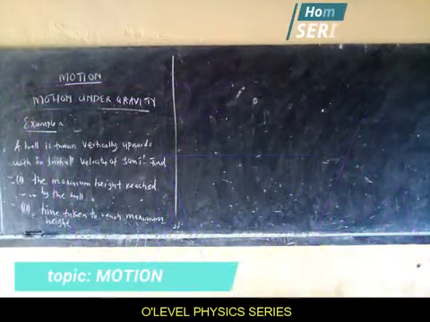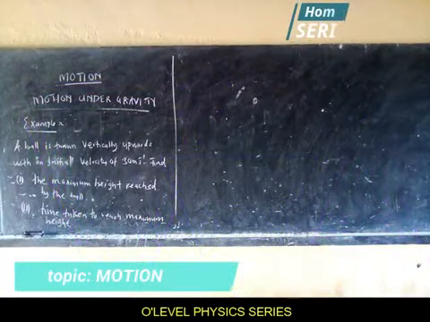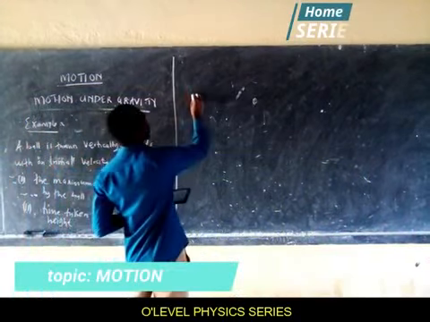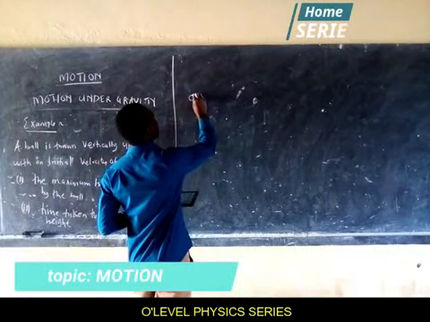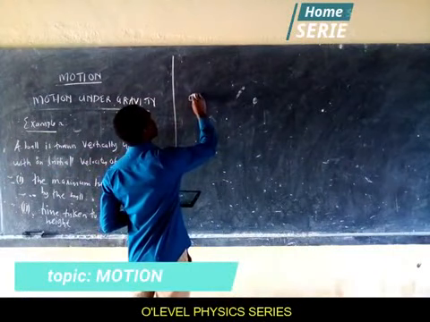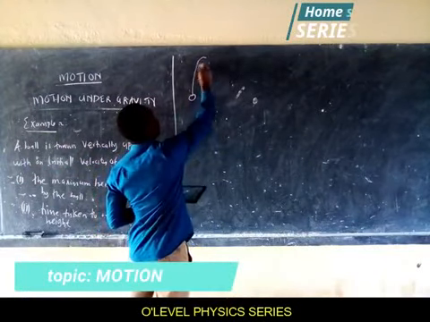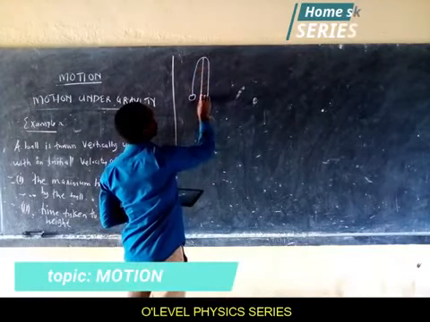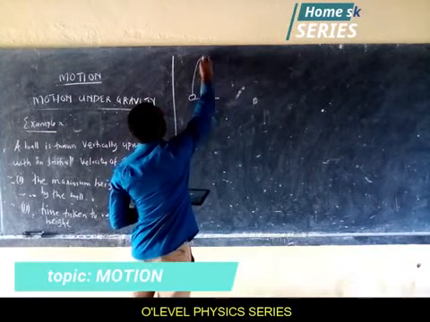Here's the next example. A body is thrown vertically upwards with a velocity of 30 meters per second. Meaning our U, of course, is 30 meters per second. Our ball is thrown vertically upwards. Of course, it will go up and then come down. Before it comes down, it reaches what we call the maximum height.